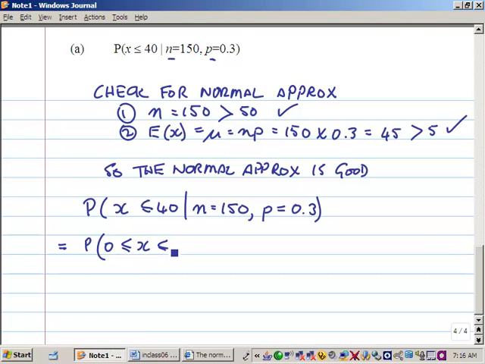For the binomial, you cannot have anything less than 0. So these would be the two limits for the binomial. In this case, less than or equal to 40 means 0, 1, 2, 3, etc. through 40.